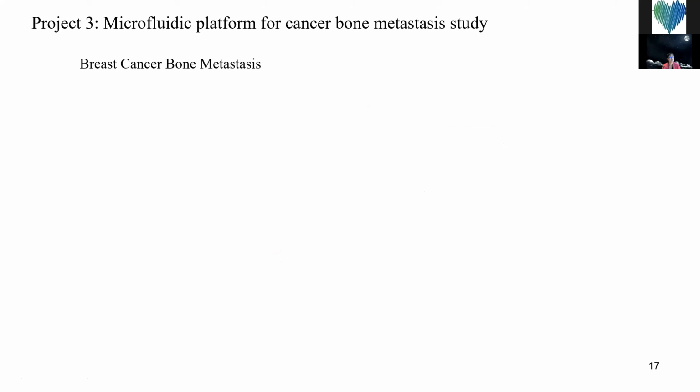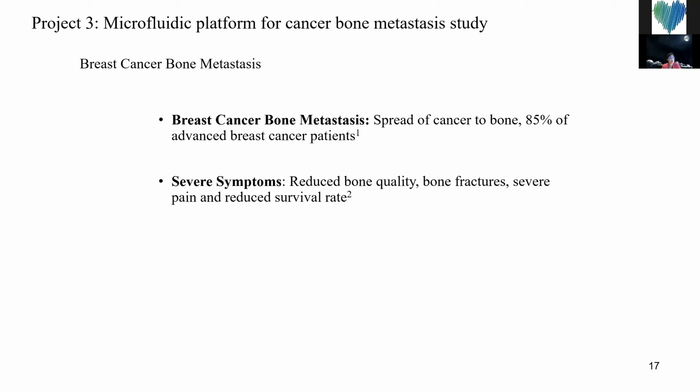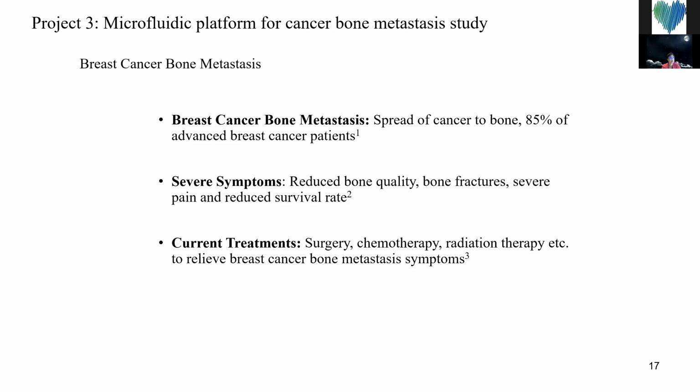So that sets up the foundations of our work for the bone metastasis study, which is the focus of today's talk. Why are we interested in breast cancer and bone metastasis? Well, we know that breast cancer bone metastasis is the spread of cancer to bone. 85% of advanced breast cancer patients suffer from that, and there are severe symptoms as a result.